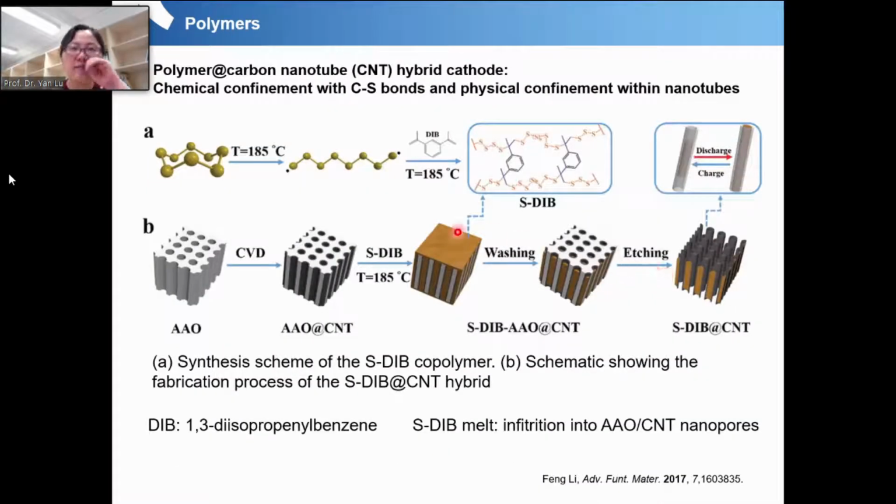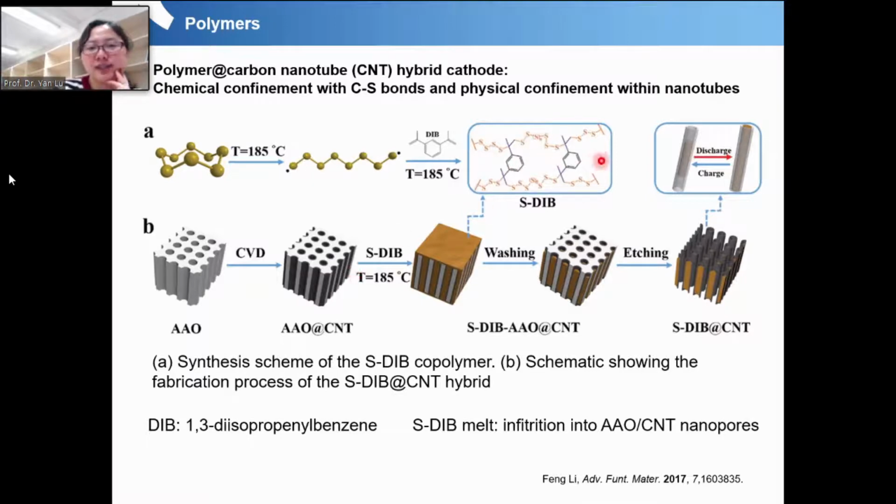As the last example for these polymer-based lithium-sulfur batteries, as I mentioned already, sulfur can undergo a chemical reaction, and this group has also used this approach. They try to use sulfur and have the chemical bonding of sulfur with their monomer. They use DIB, which has two double bonds, and then you will have a kind of cross-linked structure, with sulfur as a cross-linker.